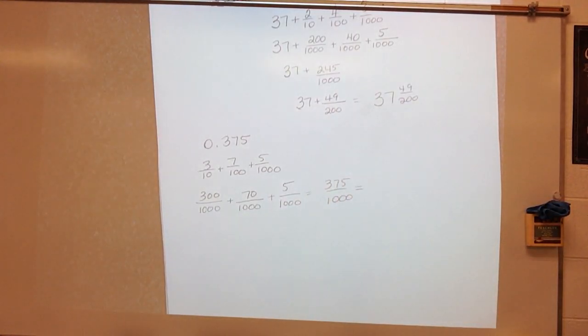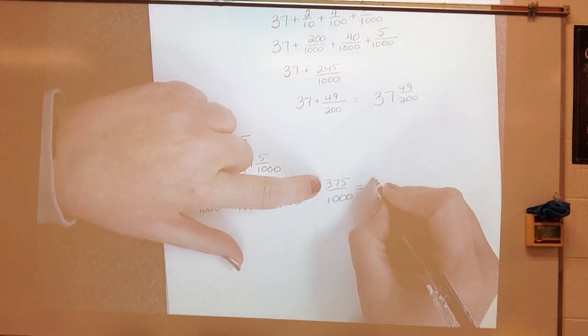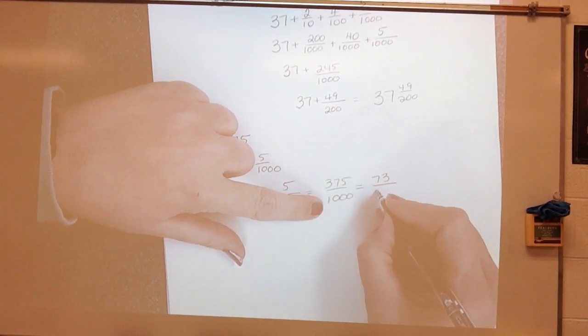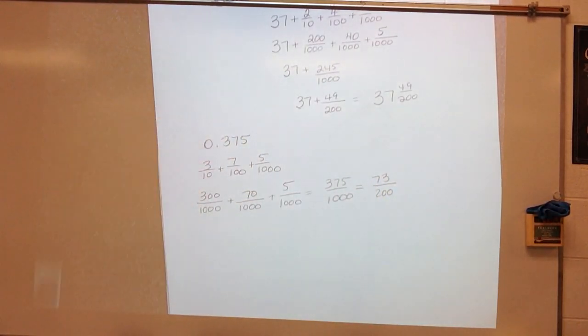I can reduce that. I know I can reduce it by 5. So if I reduce that by 5, that would be, what, 75 over 200? All right. I can probably reduce this more.